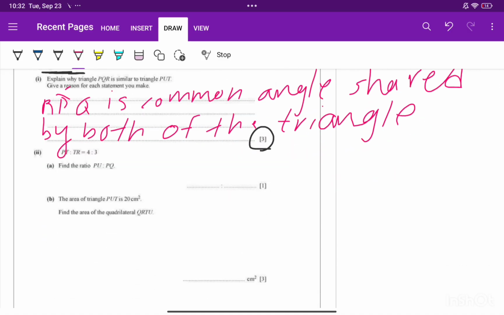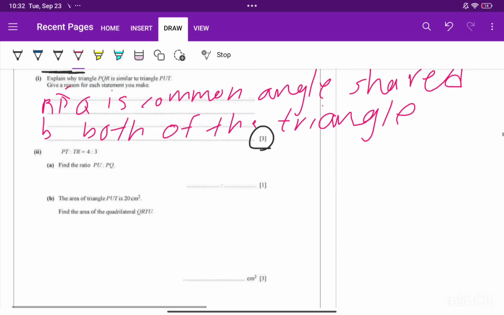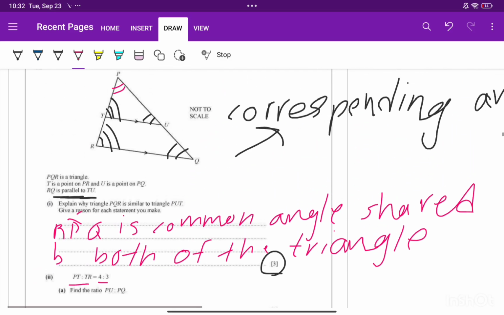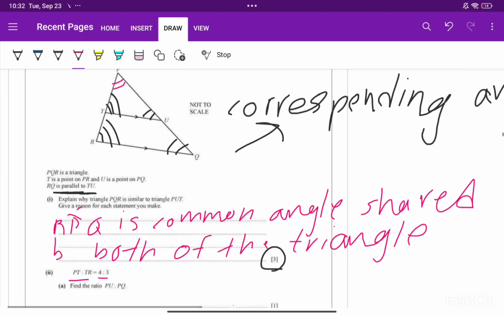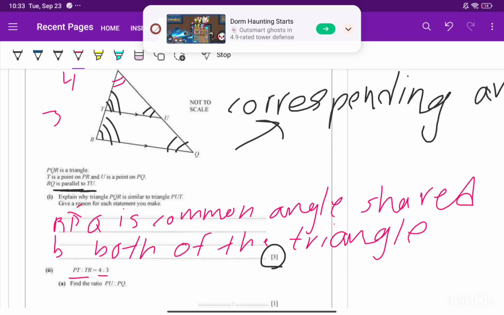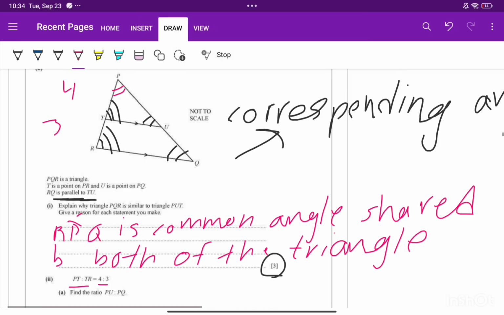Okay, let's move to this part. PT and TR is 4:3. Find the ratio PU and PQ. So TR is in the ratio 3 and PT is 4. As both of these triangles are similar, we can find PR.